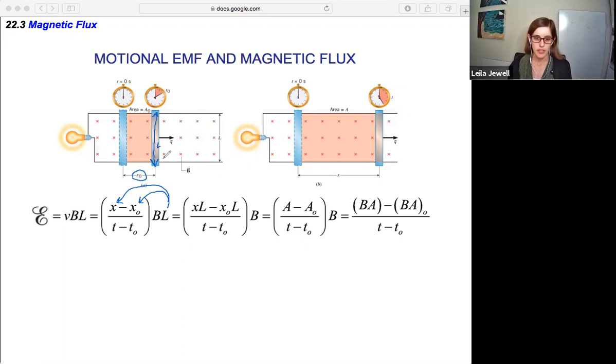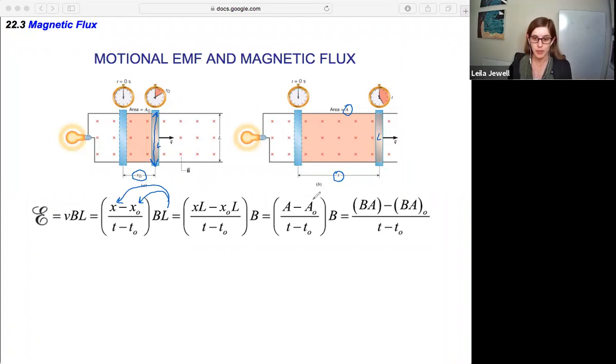If we multiply length times the width as x0, then that gives us an initial area A0. Similarly, if we have the final x times again that length, now we're going to have this whole area in red, which we could just call A. So instead of writing x times L, we'll just write A.